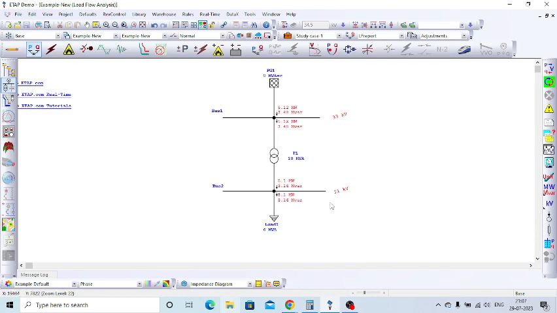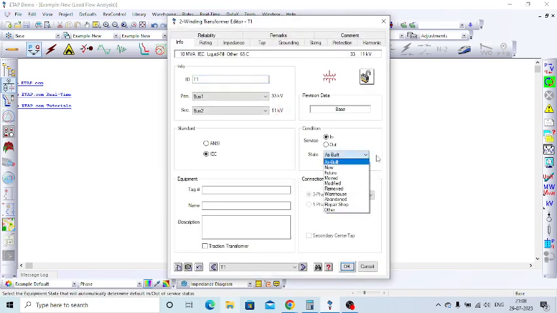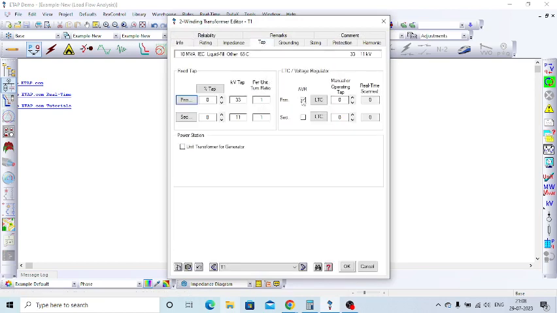After that it starts running the simulation, and it is able to maintain the bus voltage at 11 kV. Suppose I disable the automatic voltage regulator function, that is the OLTC function. In that case it will not maintain the voltage.